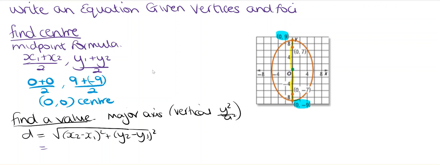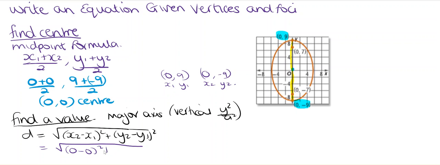Let's have 0, 9 as x1 and y1, and 0, -9 as x2 and y2. So we have 0 minus 0, squared, and then we're going to add -9 minus 9, so plus 9 squared.